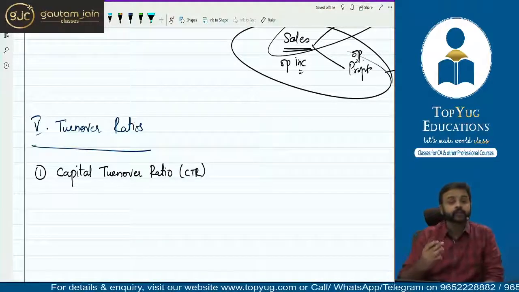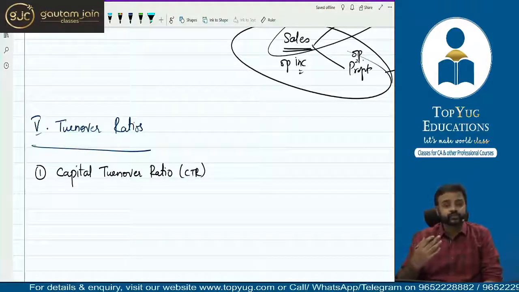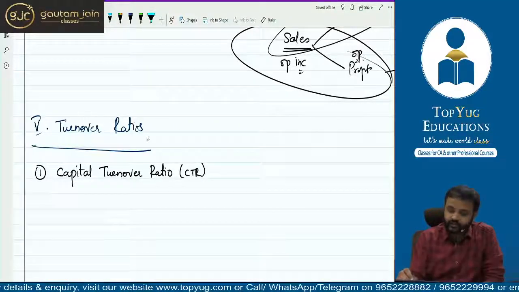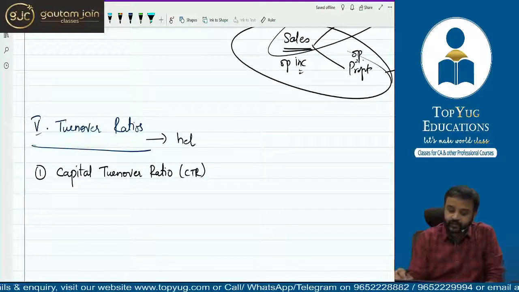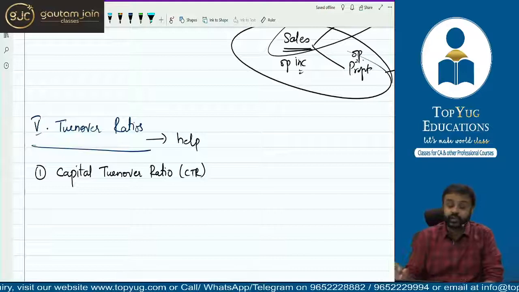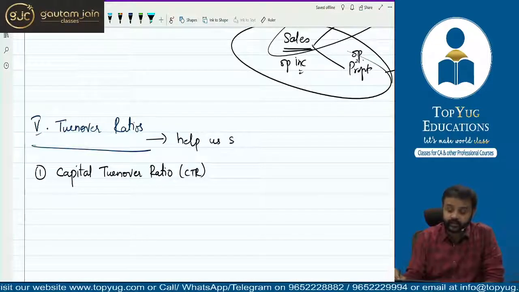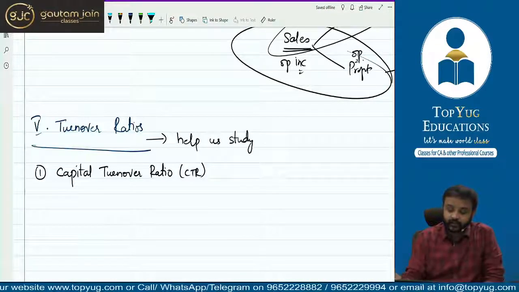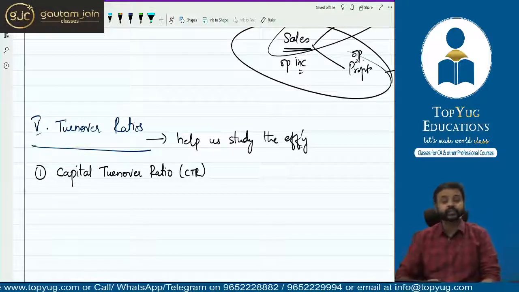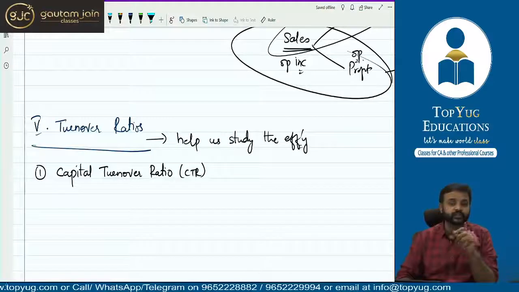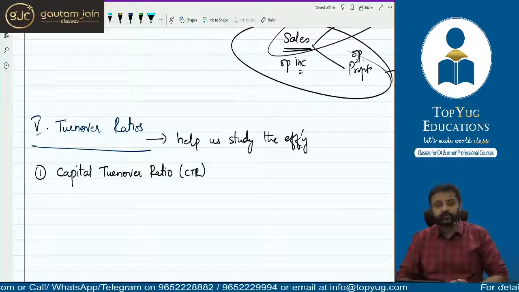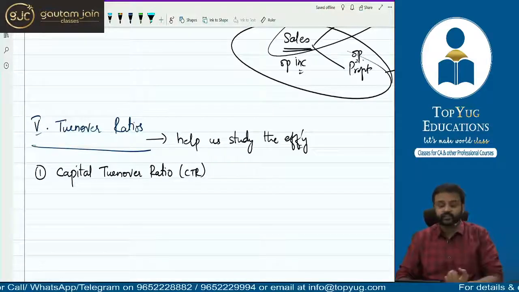What does this turnover ratios give us, or what is it for? So if you understand, this turnover ratio helps us study the efficiency. Helps us know the efficiency. So don't think just because the name is turnover ratios that means we are here to study sales. No, we are here to know the efficiency. We are here to find out the efficiency of the company.